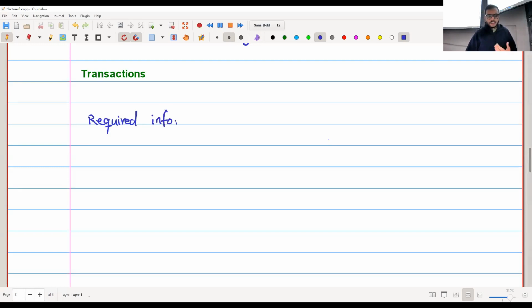We need the identity of the person who's actually sending the transaction, right? So let's call it sender. I need sender's identity. And by identity, again, I always mean public key. Whenever I say identity, I just mean public key.